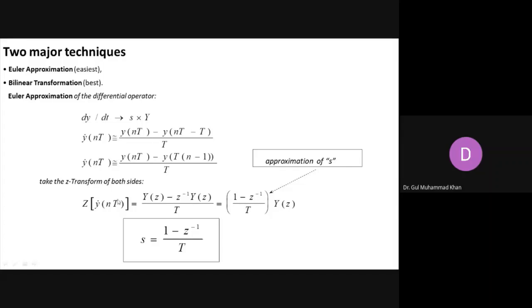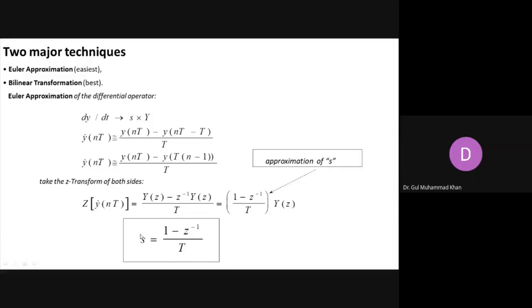So this is saying that if you have the derivative dy by dt on this side, and the equivalent differentiation in the discrete domain, the relationship is such that s is equivalent to 1 minus z power minus 1 divided by T. So from this we have this relationship.